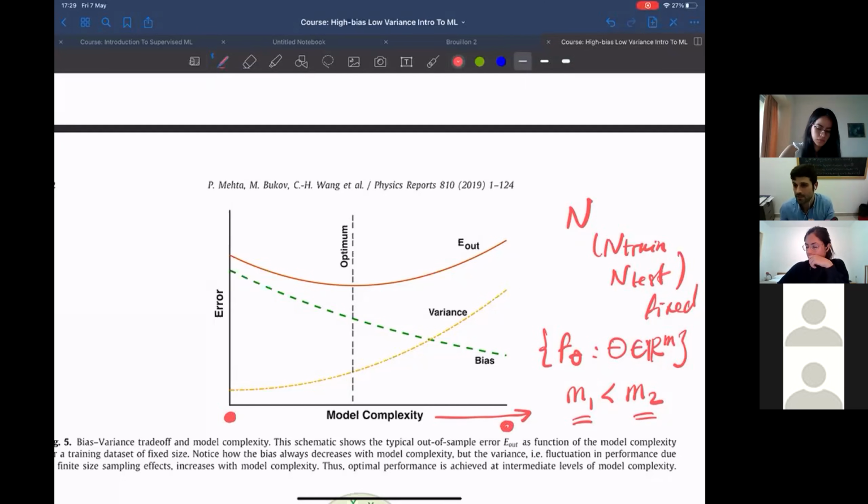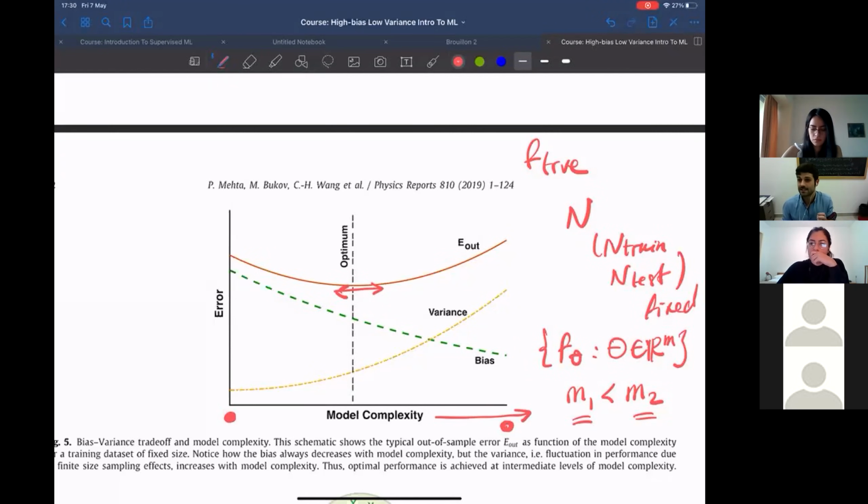And as you increase the model complexity, you are able to capture more and more features of the actual true function connecting inputs and outputs. And here there is a point where the gradient is 0. Okay, you have a minimum. And then it increases again.